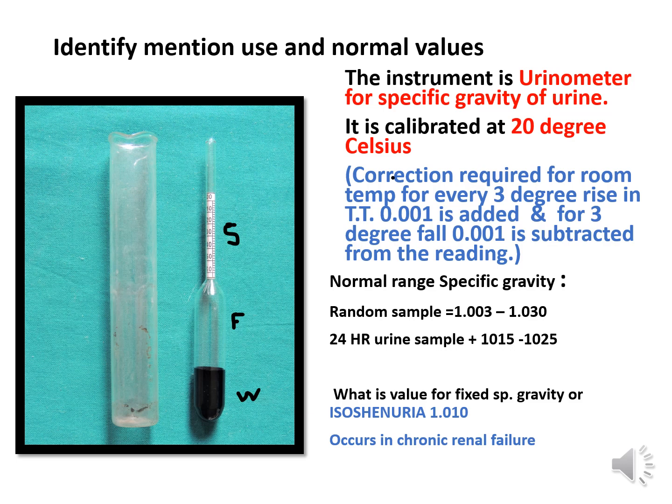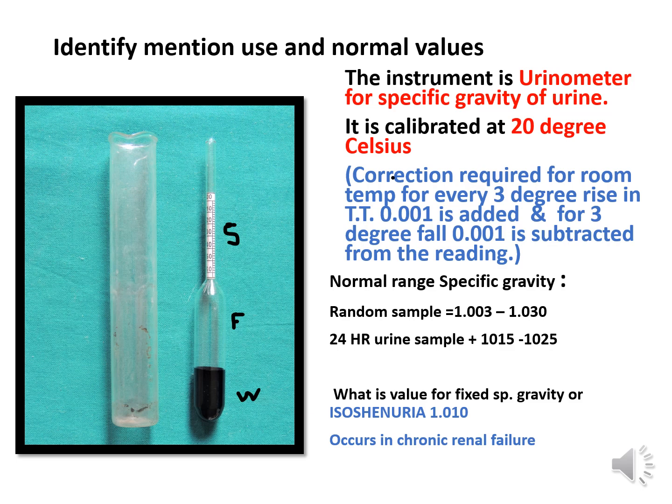Normal range for specific gravity from a random sample is 1.003 to 1.030. For a 24-hour urine sample, it is 1.015 to 1.025. The important question is when the specific gravity is fixed at 1.010, which is known as isostenuria.